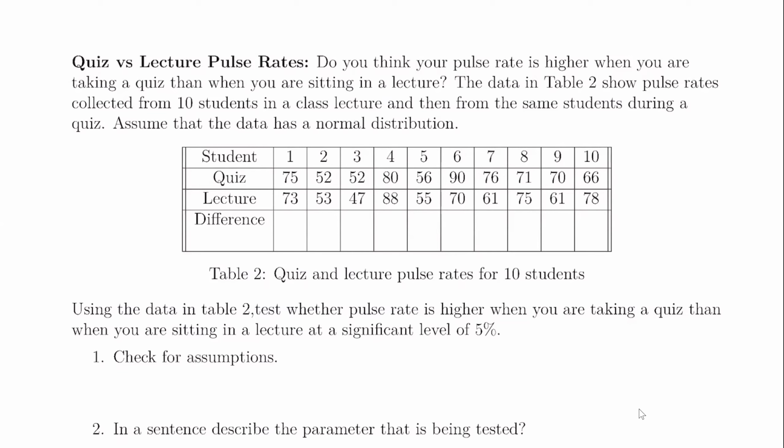If you look at this one, this is the before and after, because essentially we have the same student, and we're testing their post rate when they're taking a quiz, and then we do it again when they're sitting in lecture. So we're using that one student to collect 2 data sets. That's why this is dependent.